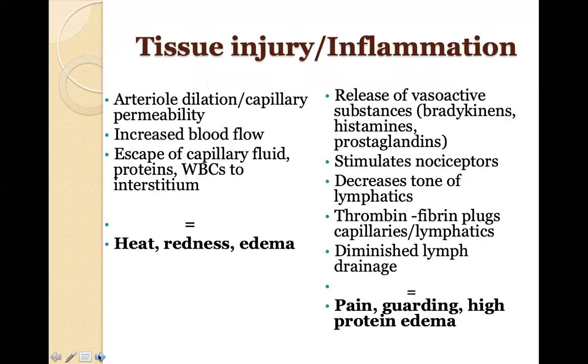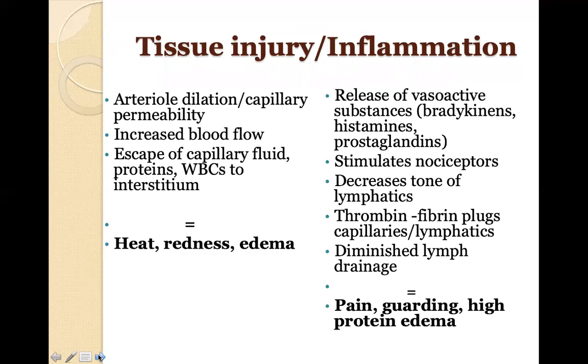So here's a busy slide, but it's just a reminder of why edema and the signs of inflammation show up at the time of tissue injury. When you have tissue injury, you have arterial dilation and capillary permeability, as we just talked about. You have increased blood flow, and then obviously that escape of capillary fluid out into the interstitium.